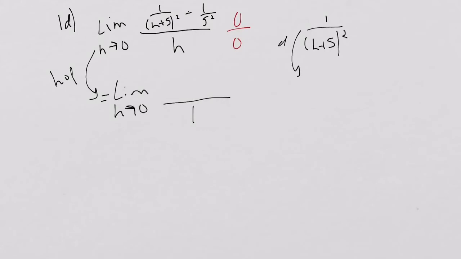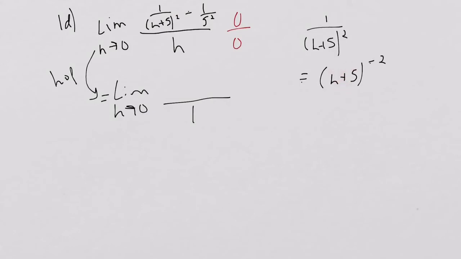Well, actually, undo. I want to differentiate it with respect to h, but in order to do that, I'm going to change the way that it looks. So I'm going to write it as (h plus 5) to the negative 2 power. At that point, I can do the power rule with a tiny little bit of chain rule.